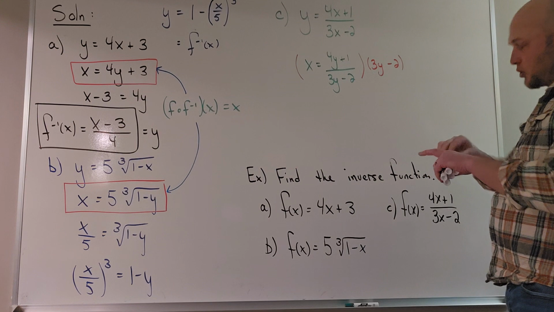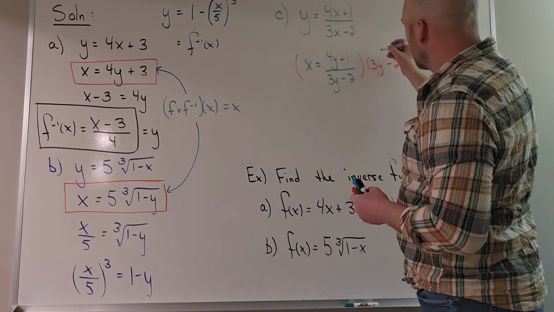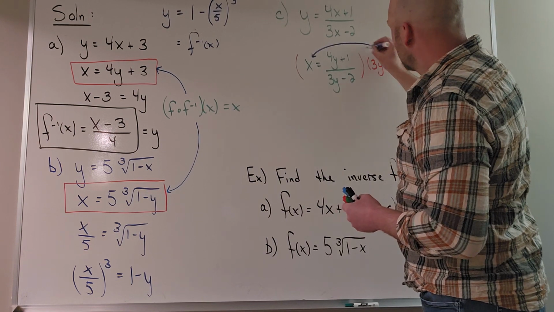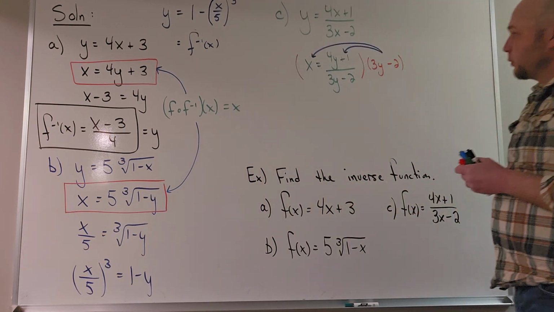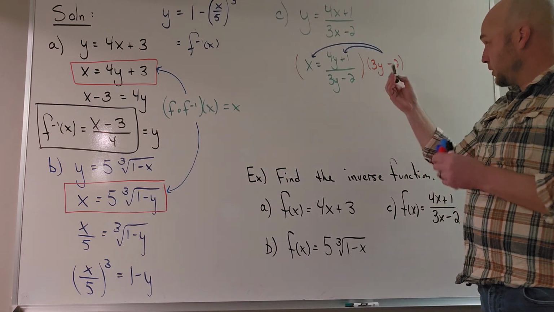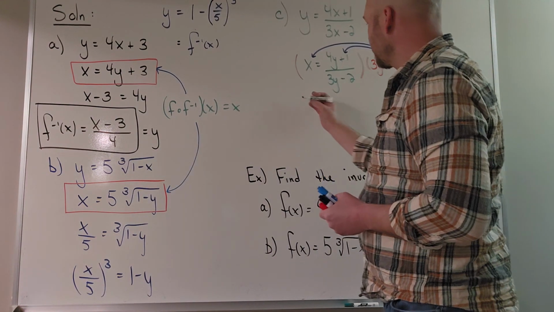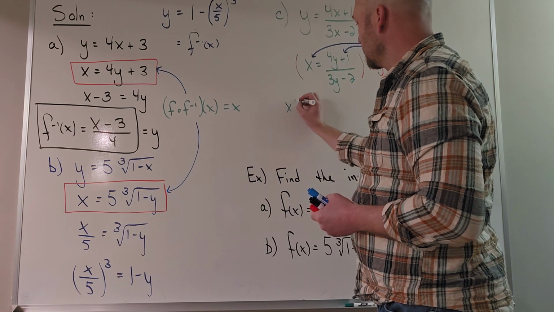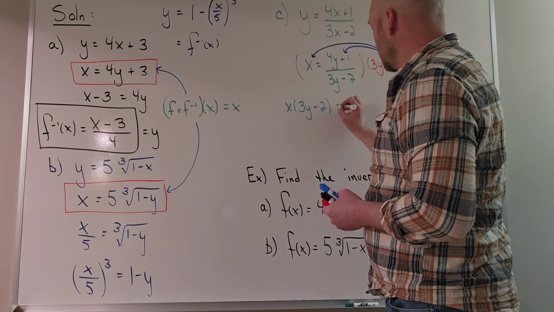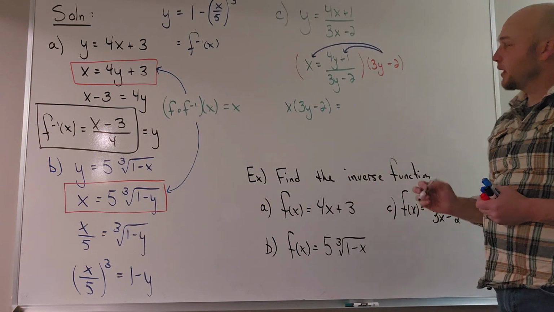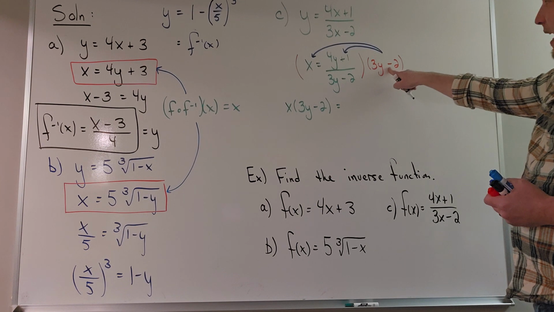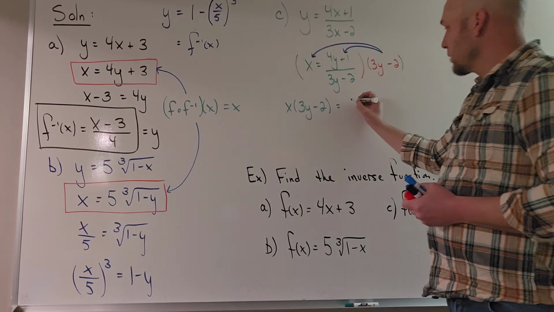That will then get distributed to both sides. When I multiply it to the left-hand side, I'll get x times 3y minus 2. When I distribute it to the right-hand side, the 3y minus 2 and this 3y minus 2 would cancel, leaving 4y plus 1.